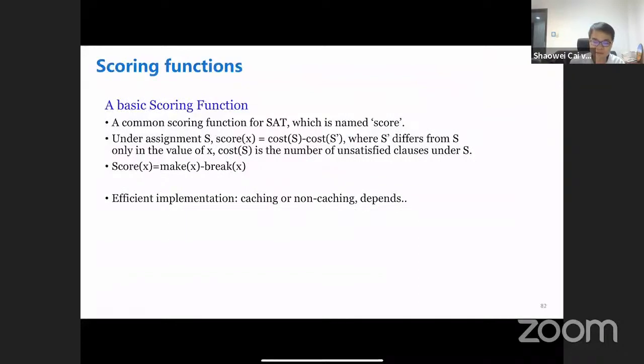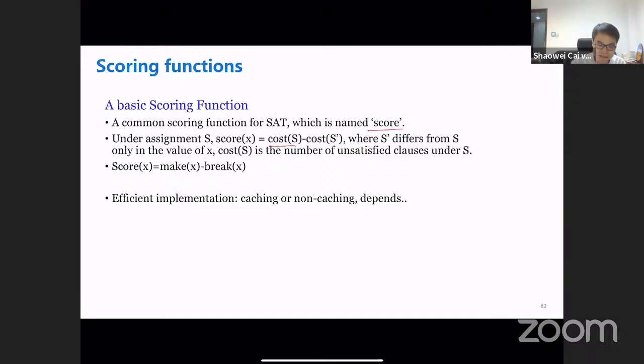to change the scoring function. Now we go to the scoring functions. We have the basic function, the score, which we have already seen. Score equals the cost of the current assignment minus the cost of the assignment that will be obtained if the variable were flipped. So this measures the change in the cost.